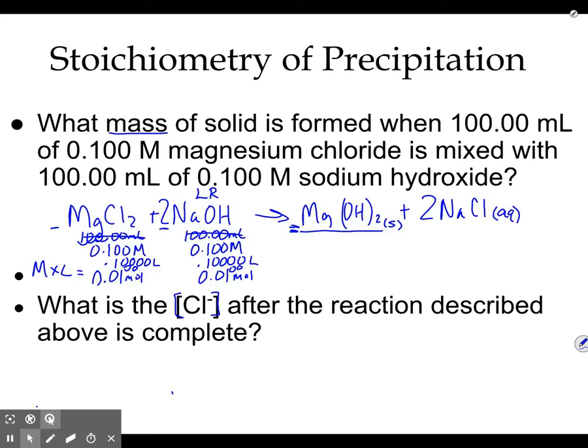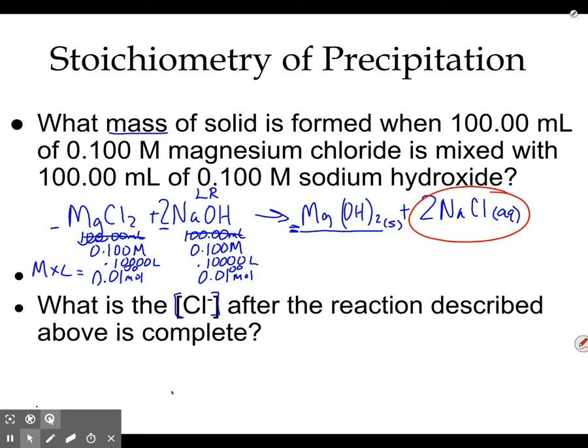We need to look for a source of our chloride ions. Again, this is after the reaction is complete. We can see that sodium chloride is going to be in aqueous solution, so it's going to be a source of our chloride ions. So first, let's find the chloride ion concentration in sodium chloride, or what's going to be produced.